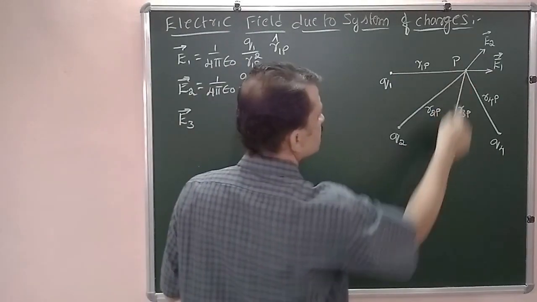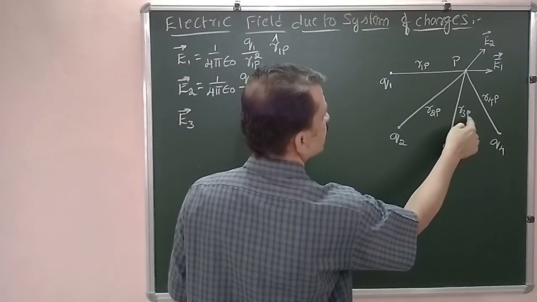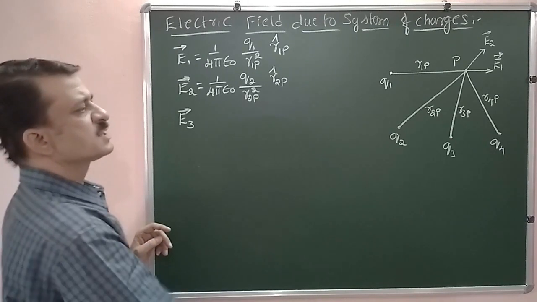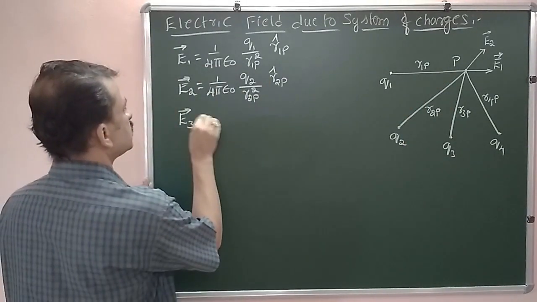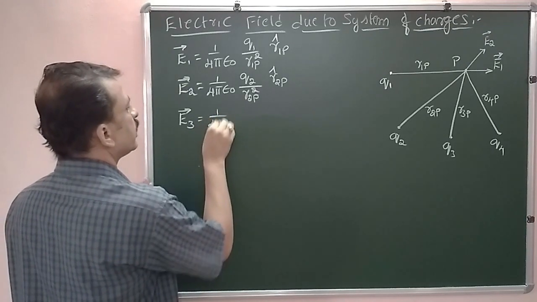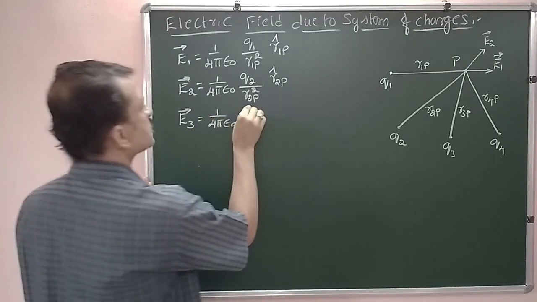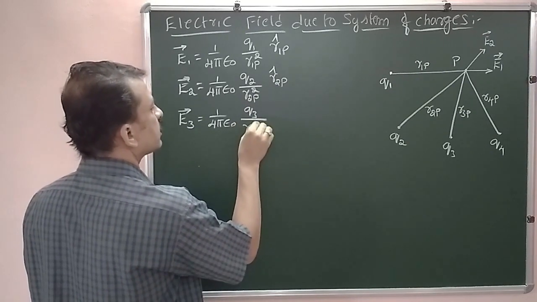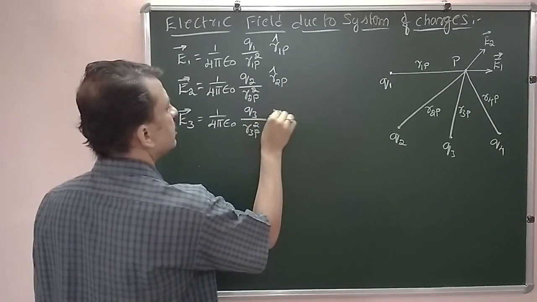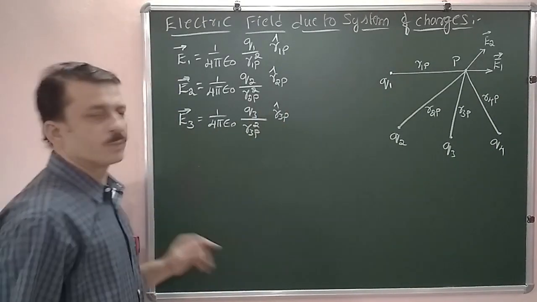The third charge is at a distance R3P, the distance of the point from the third charge. So E3 is equal to 1 divided by 4 pi epsilon naught Q3 divided by R3P square into R3P cap.